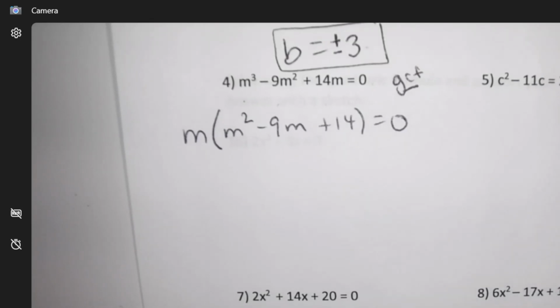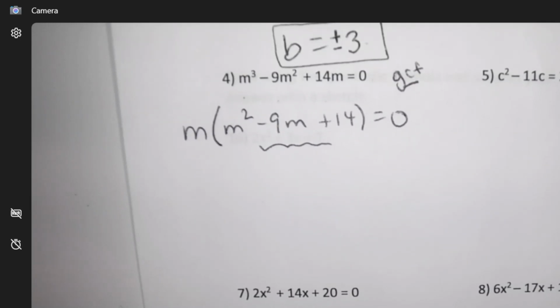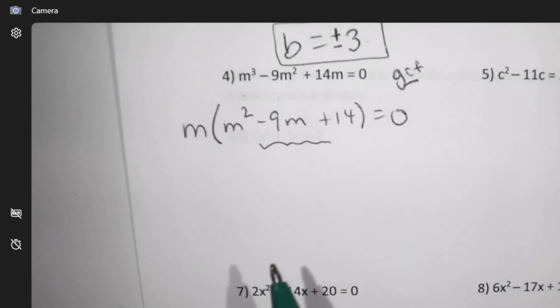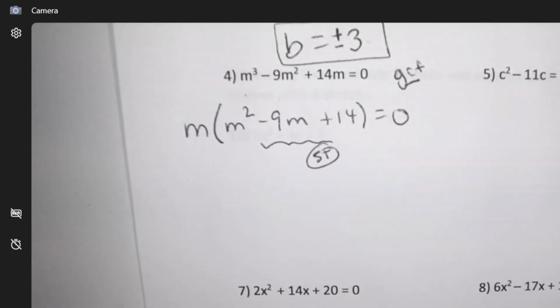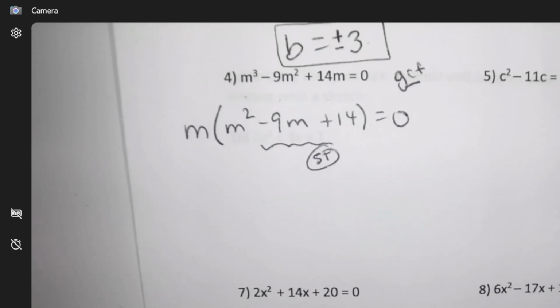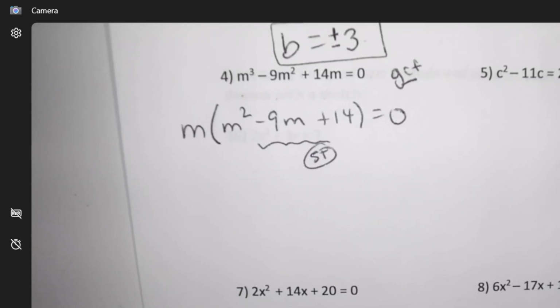Okay, we have to keep going now. So once I do that, here's another recognize. So this little part, now I got a simple trinomial to go with that. So multiples of 14 that add up to 9.